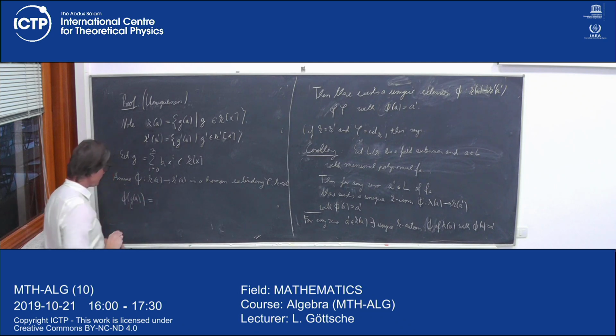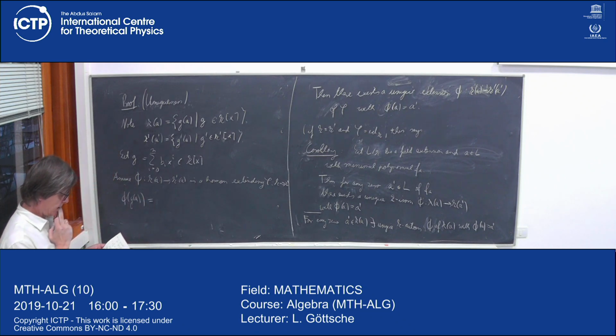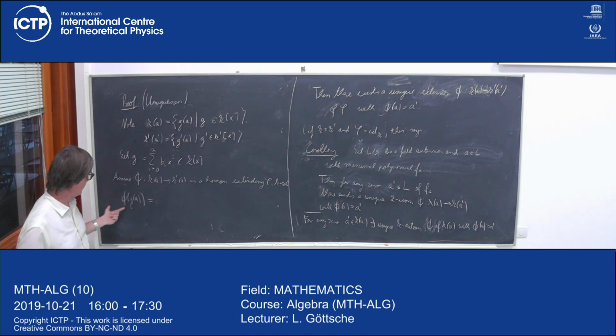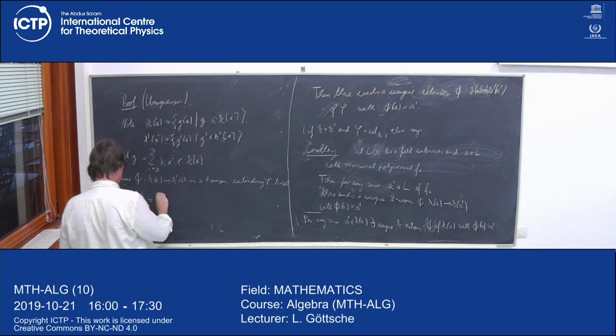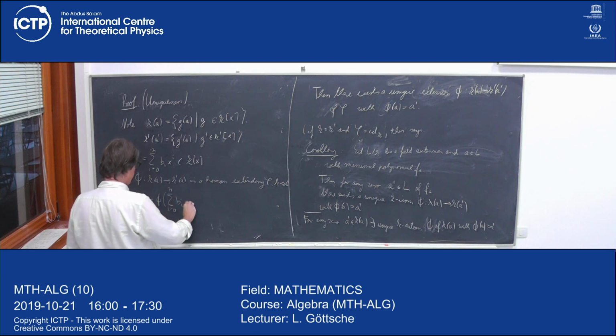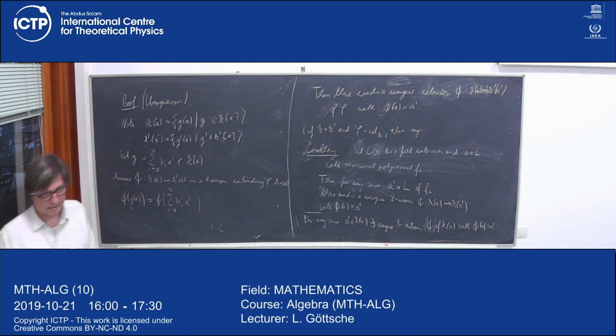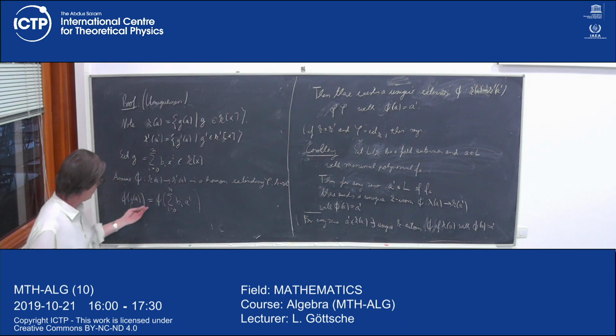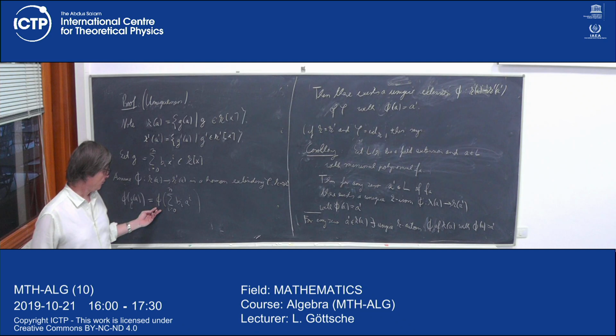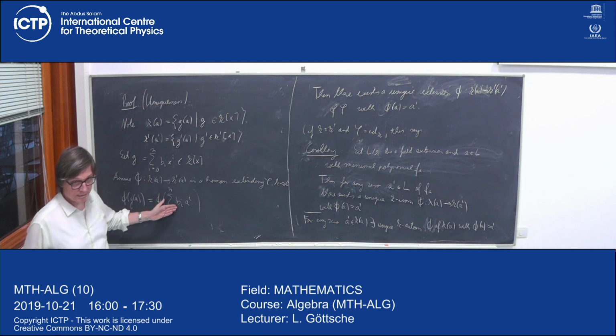So what is this? Phi is supposed to be a homomorphism, so this is phi of the sum for i equals 0 to n of b_i a to the i. And this phi is supposed to be a field homomorphism, so it goes into the sum and into the product, and its restriction to K is the small phi.